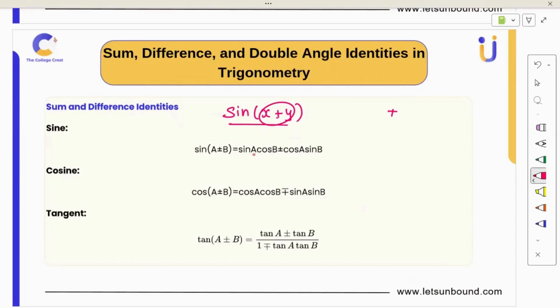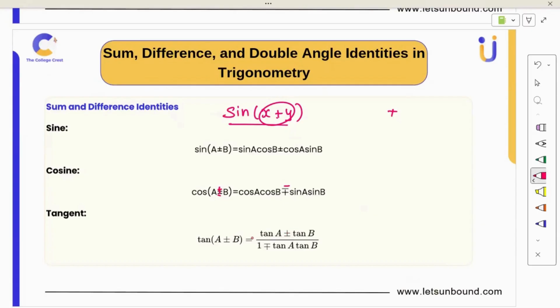If it's minus, same formula, sine A cos B minus cos A sin B. And here, cos of A plus B means same function, different sign. So cos A cos B minus, next function, sin A sin B. But if you have a plus, you will put minus here. And if you have minus, cos A cos B plus sin A sin B. Then tan of A plus B, you can write it as a fraction, a rational form.